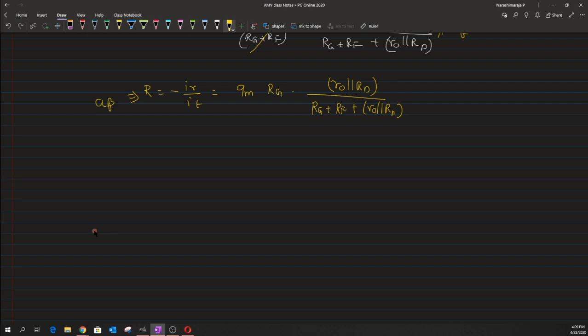The only thing is to figure out a dependent source, replace it with an independent source, apply the signal XT and measure the return signal XR, and that gives you the A beta term. It is quite an easy process which never involves the type of connection at the input and output.